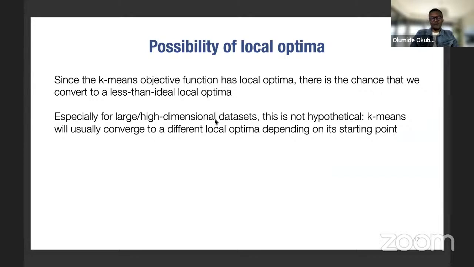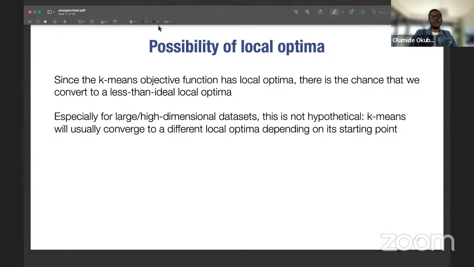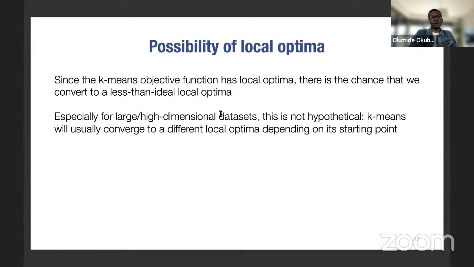And the guy had been trying for one week and was not able to reproduce the same result. You can get into that kind of problem with k-means, where the results are not reproducible because they depend on where your random starting point is.